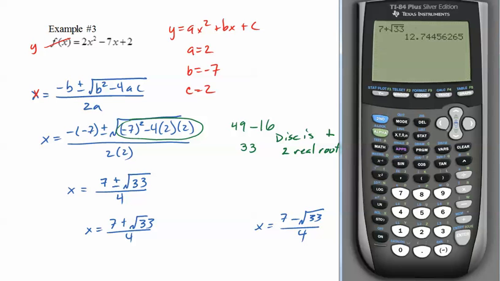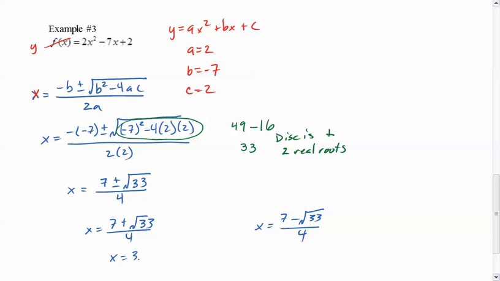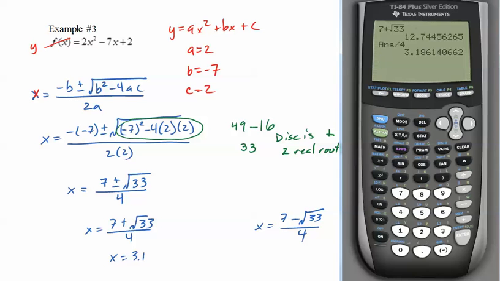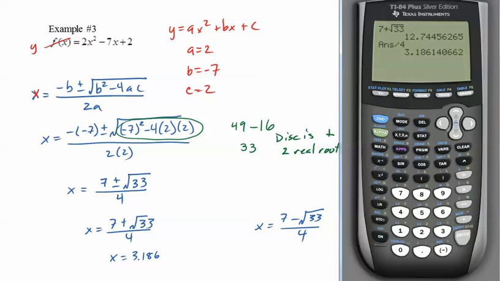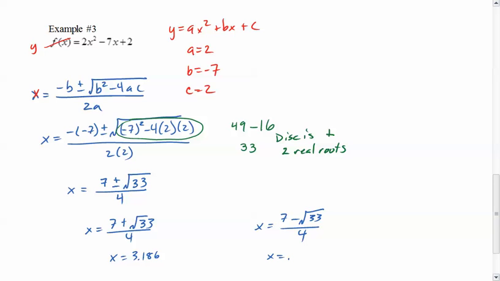So 7 plus the square root of 33, and then divide that by 4, which is x equals 3.186. Okay, and then we can do the same thing here. We'll go 7 minus the square root of 33, and then divide it by 4. So I get 0.314. And so those are my two roots or solutions or x-intercepts.